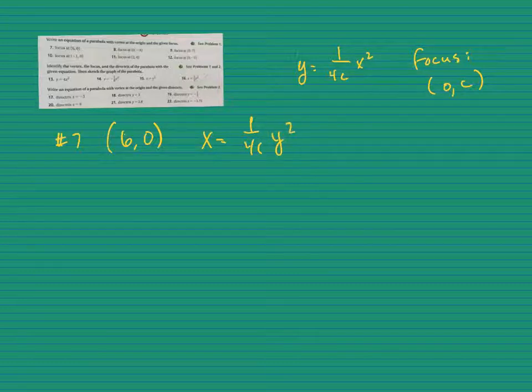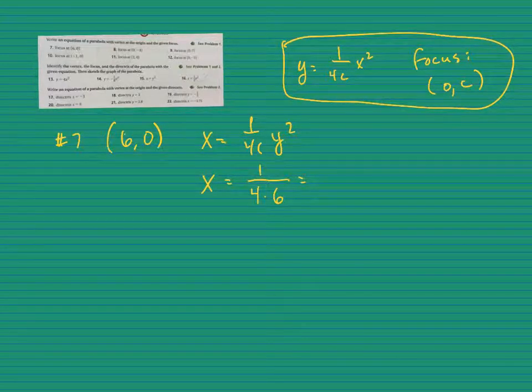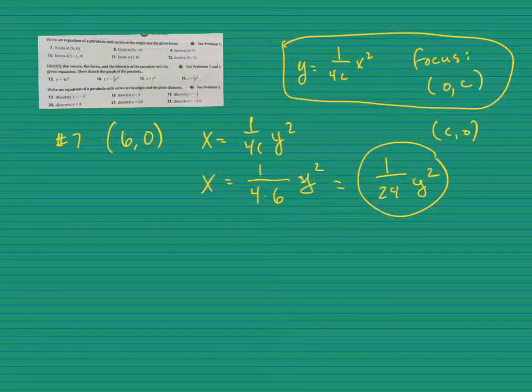If we are given that the value of c is 6, because this is horizontal, the focus is going to be c, 0. Then we end up getting x is equal to 1/24 y squared. So that is the answer they're looking for, given your focus and your vertex at the origin.